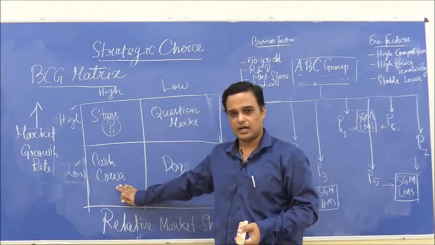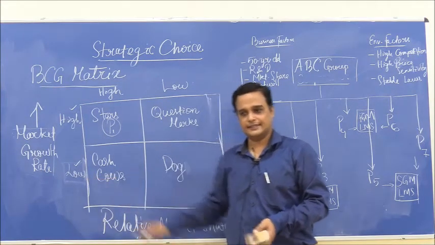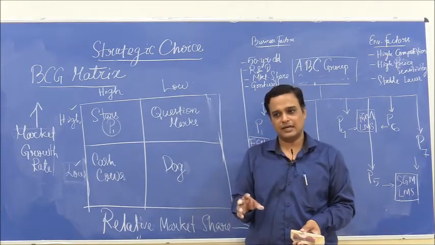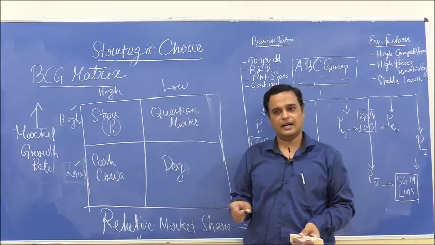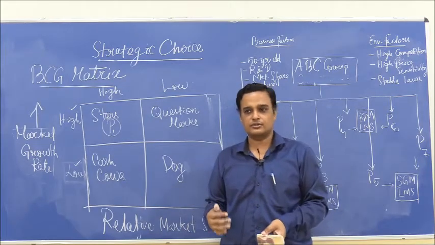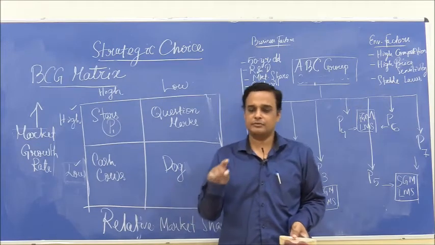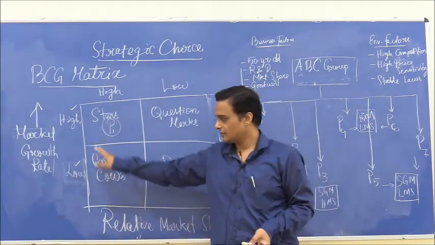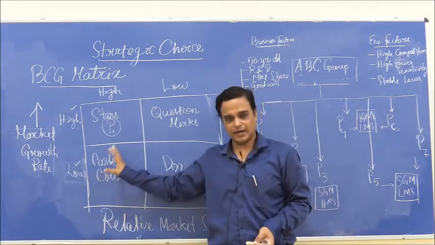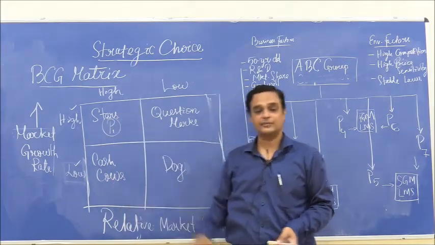Now, cash cows are products, SBUs or brands which operate in a relatively stable market wherein the growth rate or the market demand or the patterns of demand or the number of consumer additions is not very fast. Some growth is happening, but the rate of change is pretty low. In that case, the market growth rate will be low, and inside such a market, that particular brand has a high relative market share.